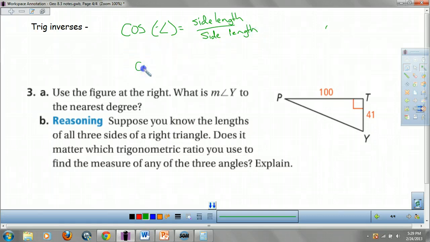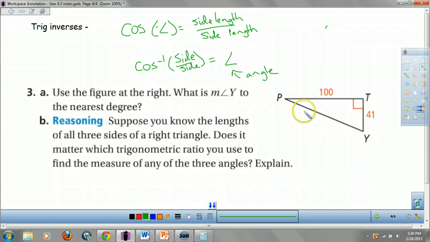But your inverse, that's the ones with the -1 at the top, take a side length, a side over a side, and it gives you an angle. So if you're looking for an angle, you're going to use your inverse trig functions. If you're looking for a side length, you're going to use your normal functions. Again, I'm going to show you guys on the calculator tomorrow how to do this. Okay, so don't freak yet.